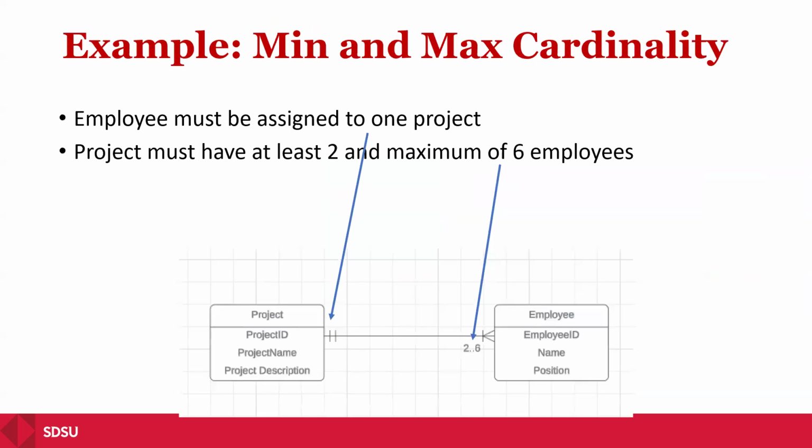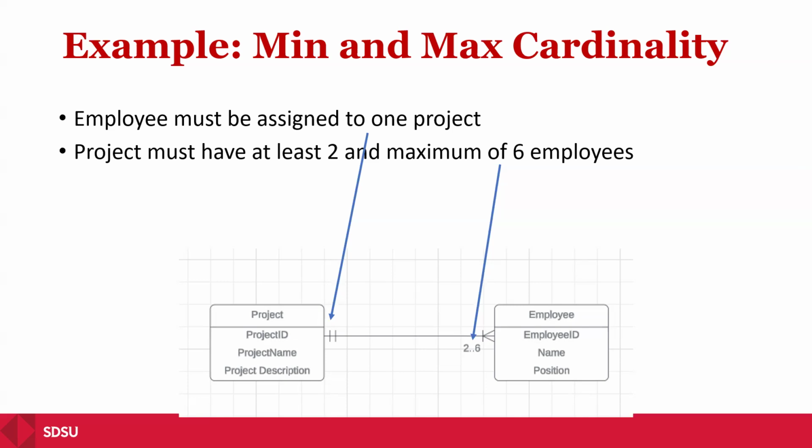Okay. So for an example of minimum and maximum cardinality: an employee must be assigned to one project. So minimum cardinality is 1 and maximum is 1 too. And a project must have at least 2 and a maximum of 6 employees.